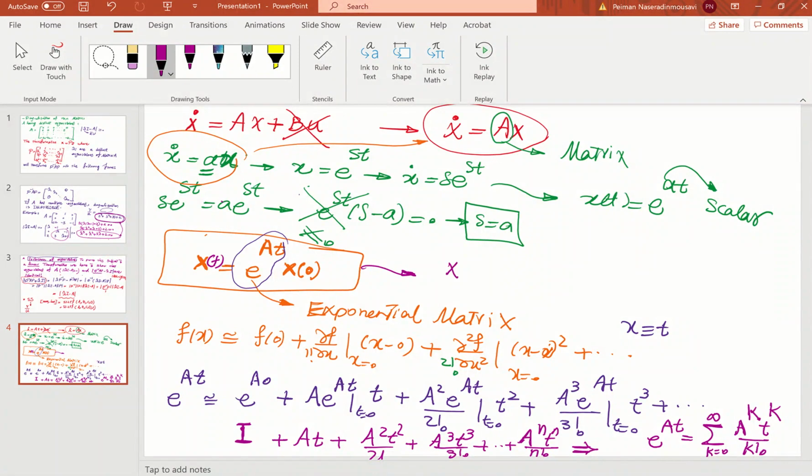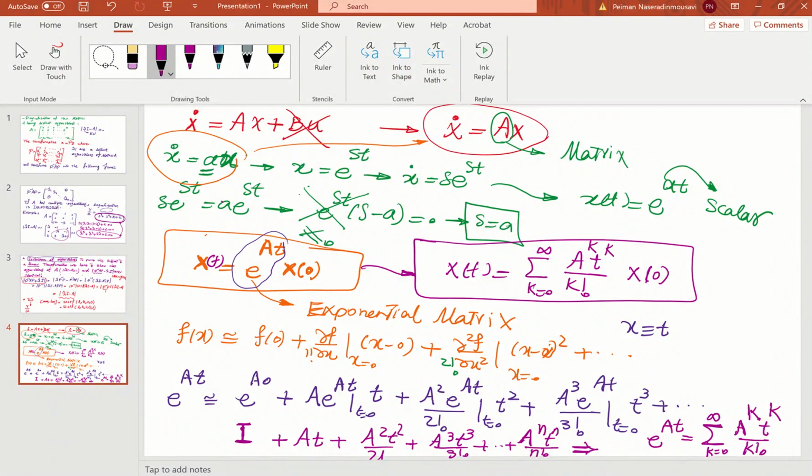So you saw that the solution of this linear time-invariant system without any control input is going to be x of t equals the sum of k from 0 to infinity of A to the k, t to the k divided by k factorial, times the state variables at the initial condition at time 0. Here we go. Bingo. You found that.